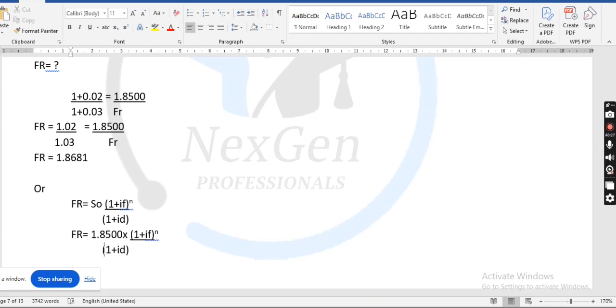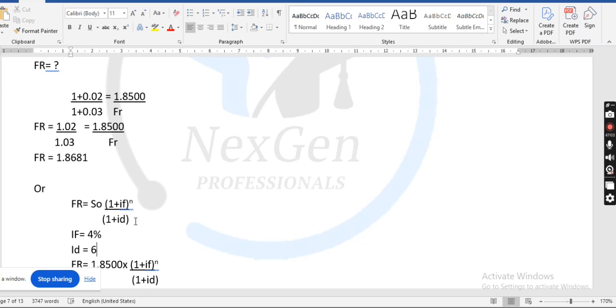Times IF and ID. Let's use the 4%. The next one is 6%.